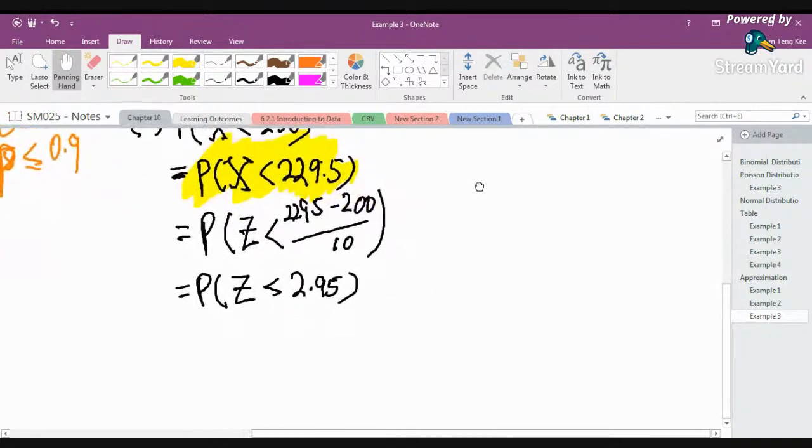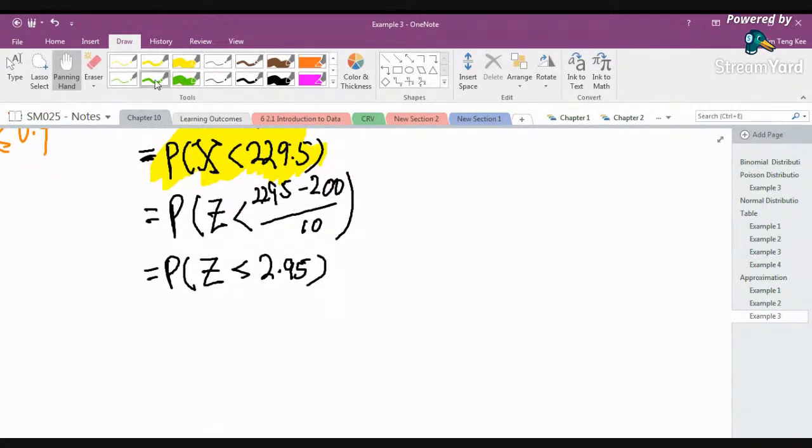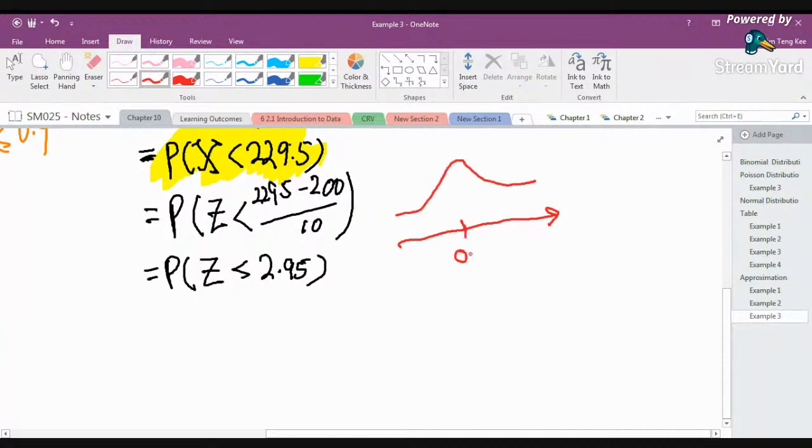With the result of the standardization, again, we have a quick check of where, in the bell-shaped diagram, the region involved is. So I will draw the bell-shaped diagram. Middle is 0. 2.95 is somewhere on the right of 0.